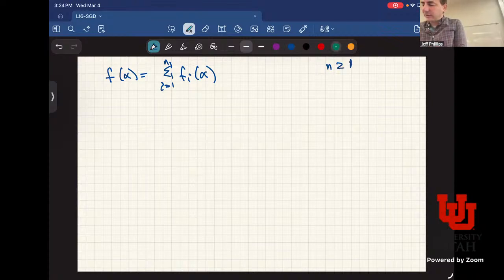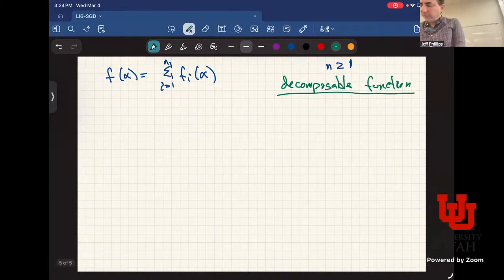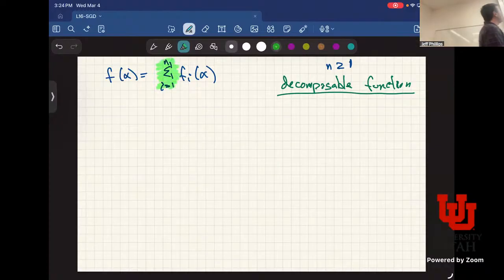And then this is called a decomposable function. Okay, and the decomposable refers to that I can write down the rule for one function, f_i, for one data point, right?